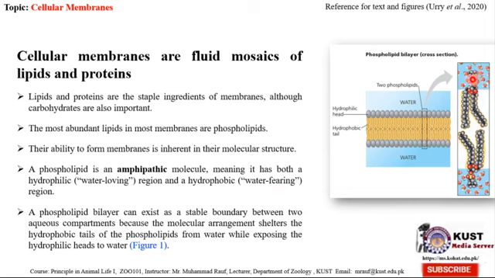The two lipid layers of the bilayer are oriented in this way, where the hydrophilic portion is facing towards the aqueous environment, both outside the cell and inside the cell, whereas the hydrophobic portions are present in the middle, facing towards each other.